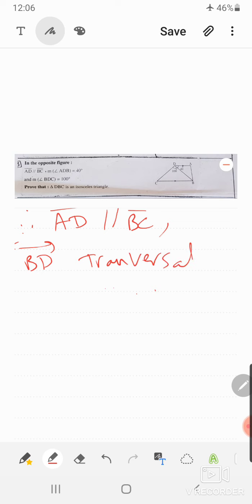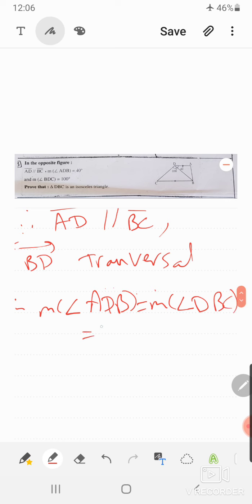So first of all, I write: since AD is parallel to BC, and BD is the transversal, therefore measure angle ADB equals measure angle DBC equals 40 degrees.